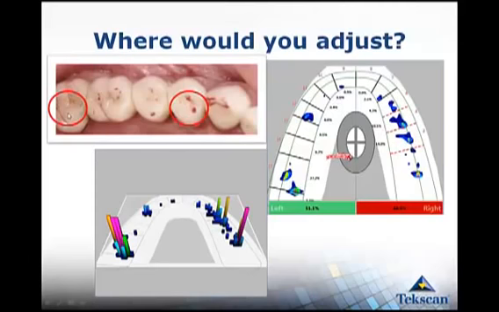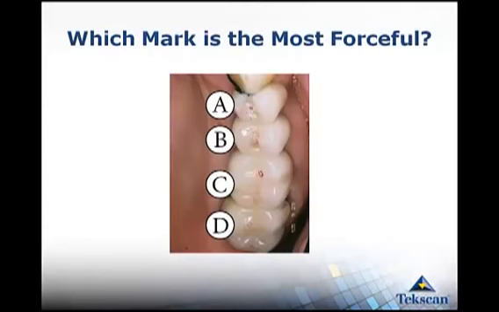Or would you adjust here, where there's not a whole lot of contacts occurring? If you look at Tekscan, 40% of the contacts are on that one tooth right there. So again, Tekscan can add tremendous value to what you're looking at with the naked eye with just paper.